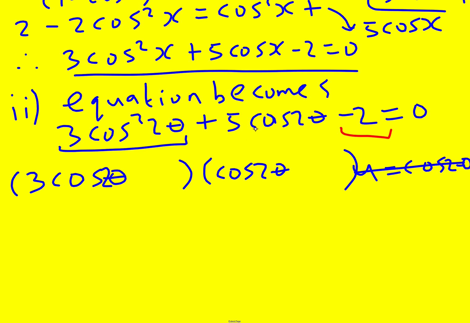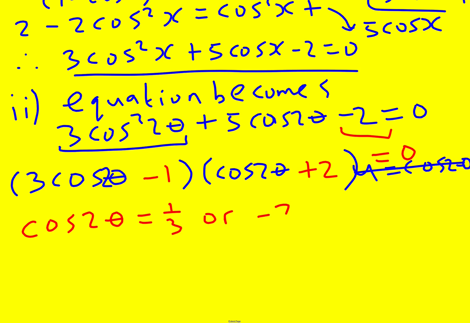Well, I need to get a plus 5. So if I put plus 2 here, then I'm going to get plus 6 cos 2 theta, and then the minus here will make it all work. And this is still equal to 0. So I factorized it. So cos 2 theta is going to equal a third, by setting this left-hand bracket equal to 0, or minus 2.